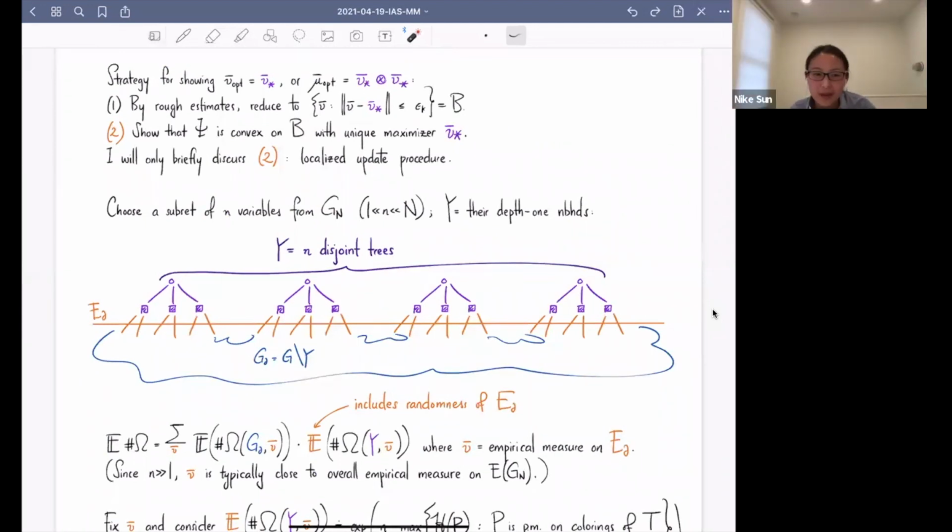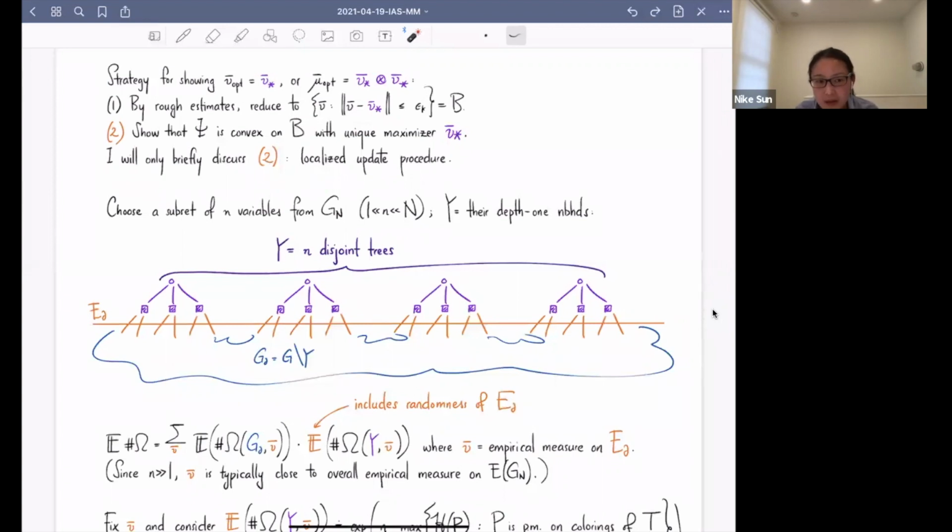Yeah, that's right. This is sort of a cartoon of how the argument actually goes, because certainly it's possible that you choose n variables and by chance two of them are very close to one another, and that would be a problem for the argument. So this should not be viewed as a literal thing.